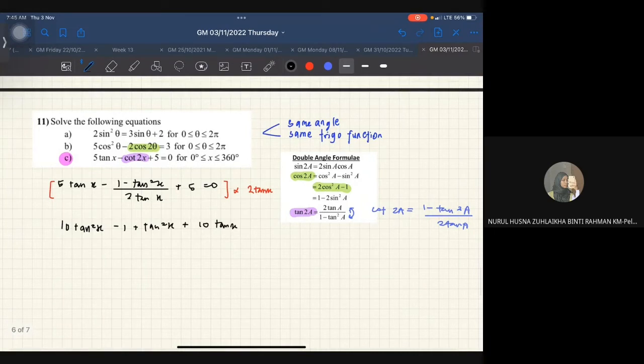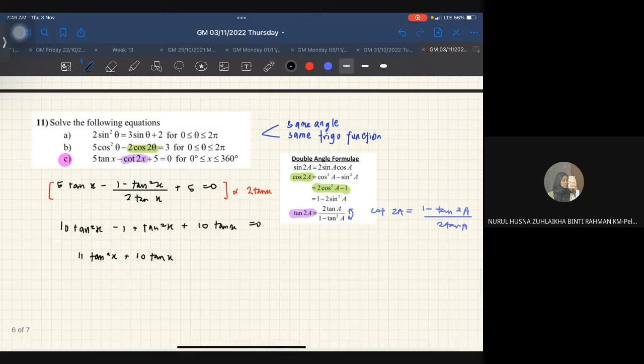Let's simplify this equation that we have. Saya ada 10 tan square dengan tan square, tambahkan dapat 11 tan square. Then I have plus 10 tan x. And then lastly I get minus 1 is equals to 0.